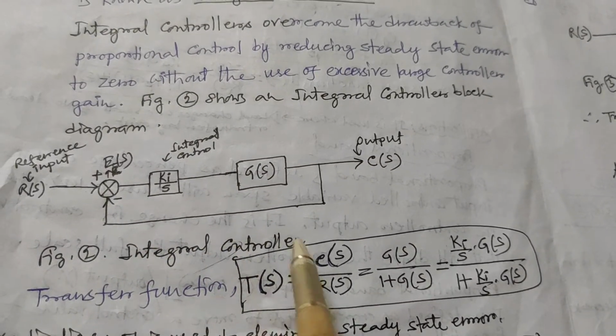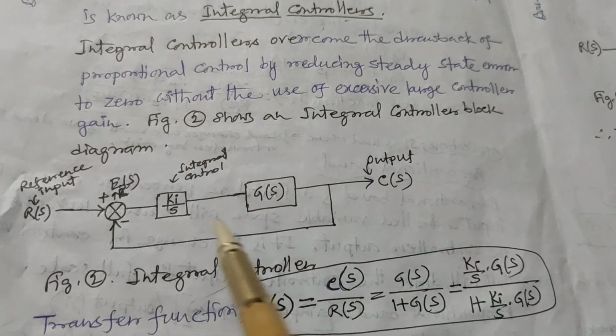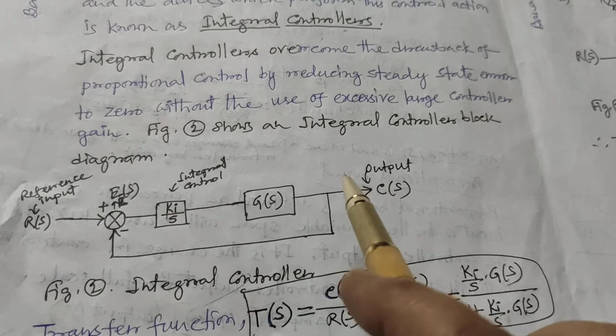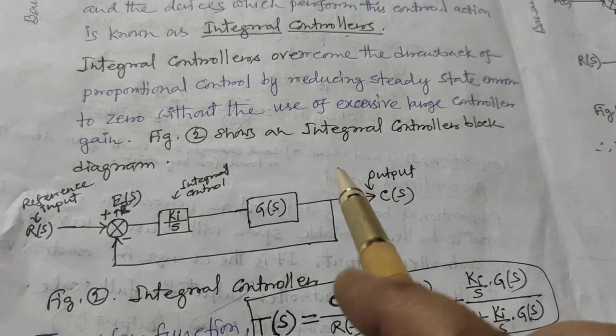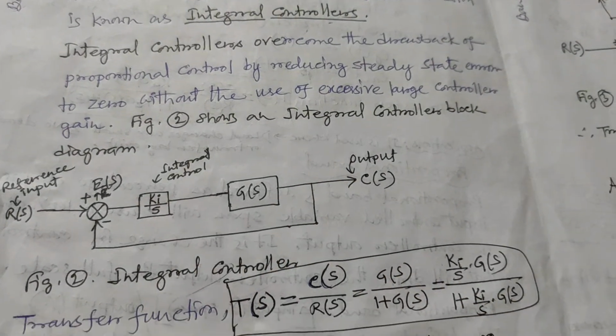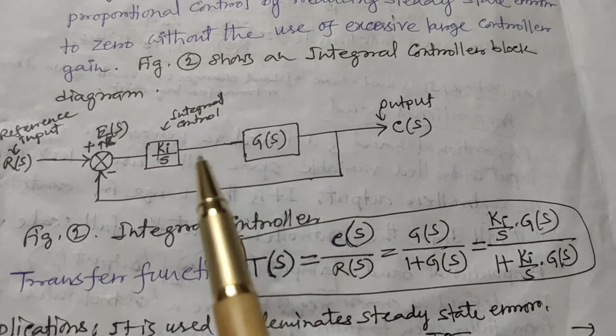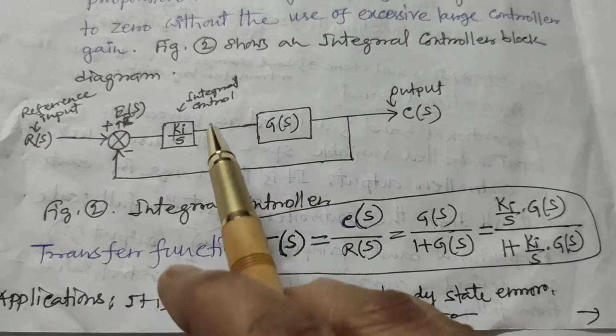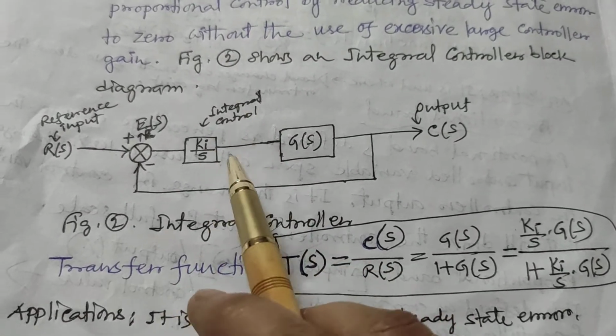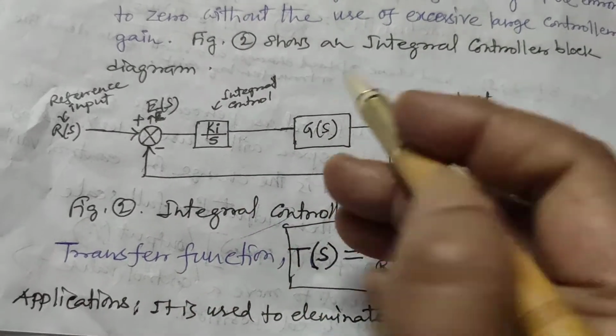Figure 2 represents the block diagram of the integral controller. Here an integral control action is added with G(s).